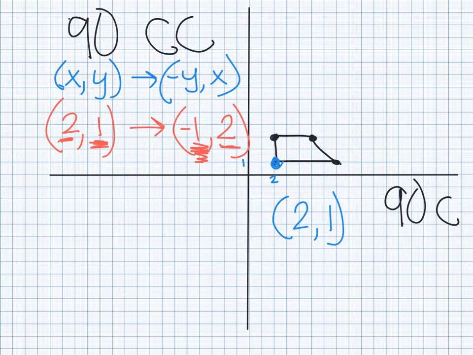Now, currently my rule's kind of in the way, but that means that this point is going to be back 1, up 2, and is going to land right here, right underneath where my rule is. Let's try another one.